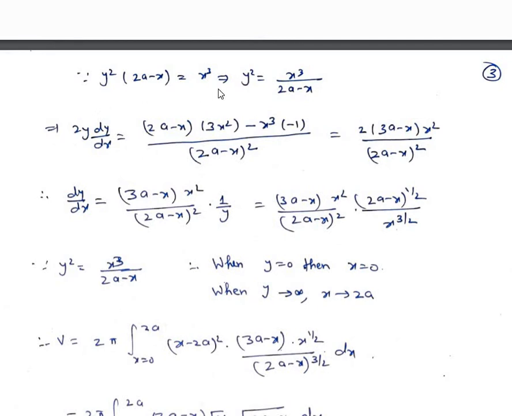Since y²(2a − x) = x³, y² is x³ upon 2a − x.